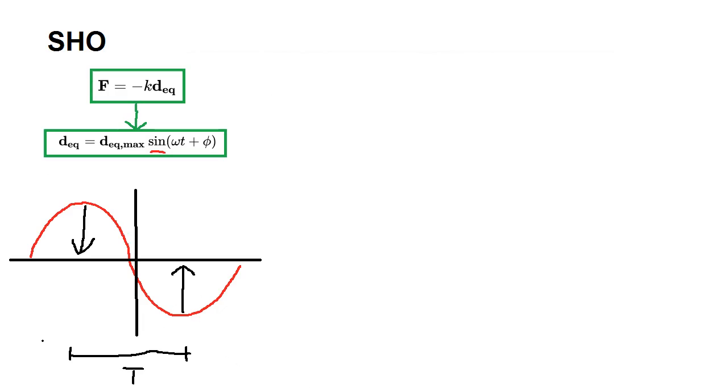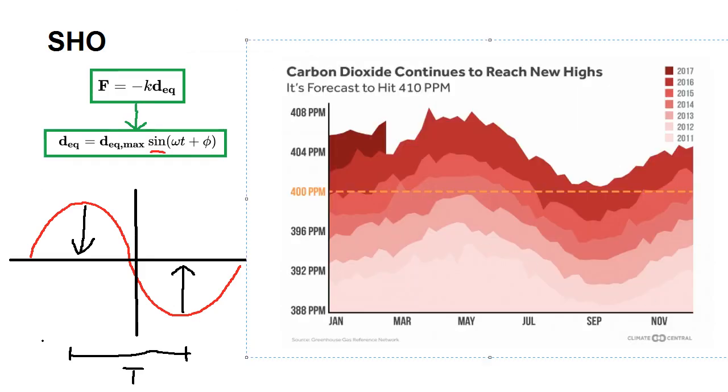This holds true again for our non-physical examples as well. If you take a look at this climate-style graph here, which I just randomly pulled off the internet, what you'll notice is for each of the years, we have this same seasonal oscillation in the carbon dioxide concentrations. Right.